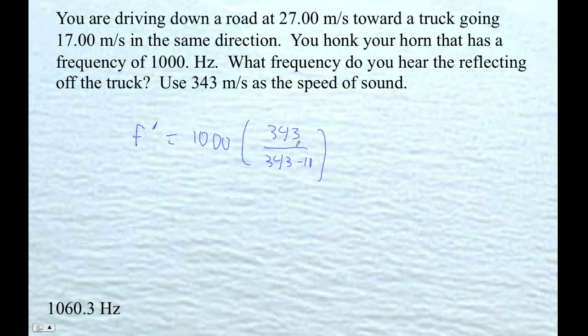And then if you do the same thing and use the moving observer formula, it's going to be 343 plus 10, divided by 343. That doesn't work either. That gets you about 1,030. So anyway, yeah, you've got to do that whole thing that we just did.